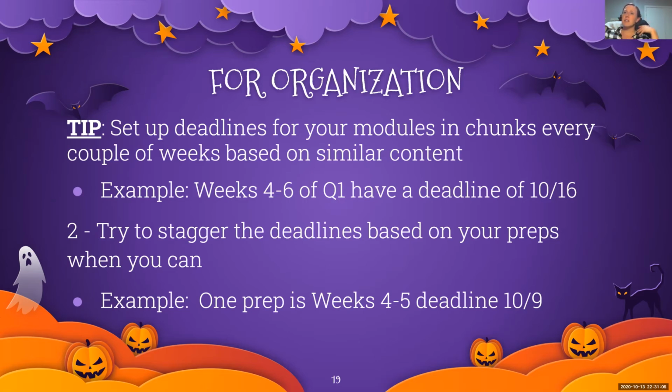If you can, stagger those deadlines based on your preps. So Spanish 1 is 10/16, and Spanish 2, that prep is on the 9th. So then I'm not receiving all of this work from all of my classes all at the same time. The work for me is also broken up as it is for my students.